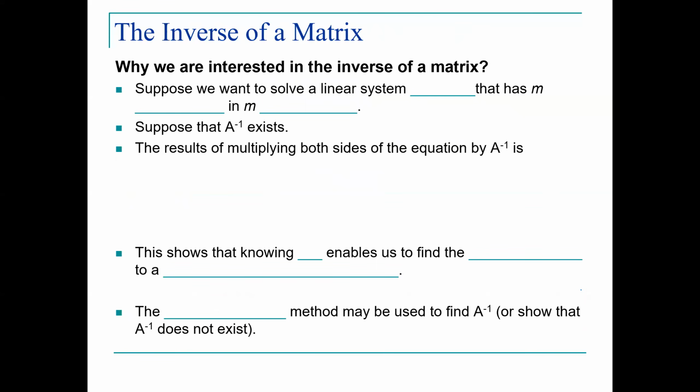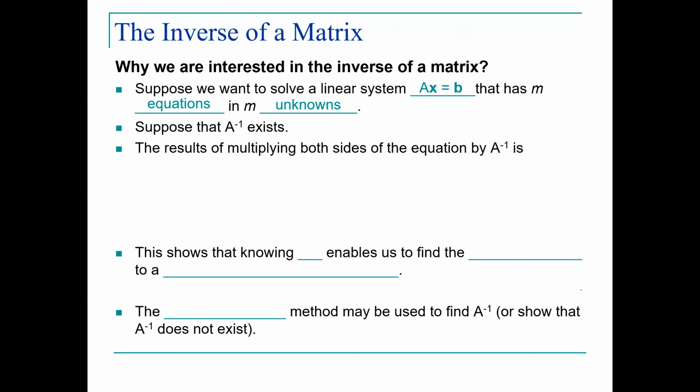Why are we interested in the inverse of a matrix? Suppose we want to solve a linear system of equations AX equals B that has M equations in M unknowns, or M variables. Suppose that the inverse A minus 1 exists.